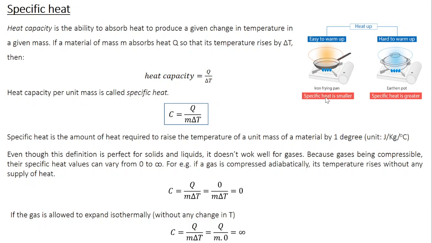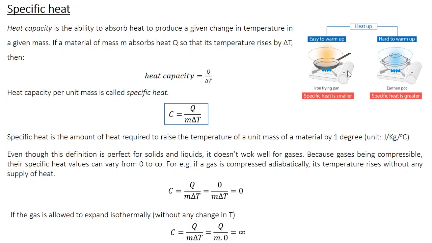So when the specific heat is smaller, it means that for a given heat, the iron pan is going to produce a larger increase in temperature compared to an earthen pot. Or if you take the counter statement, to reach a given temperature, an iron pan is going to take much less heat compared to an earthen pot. So this is the visible manifestation of the heat capacity.